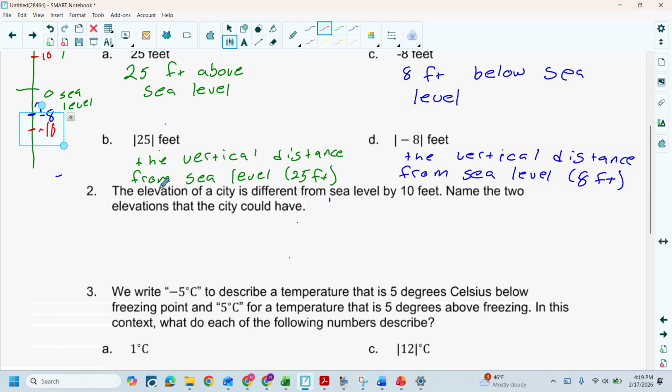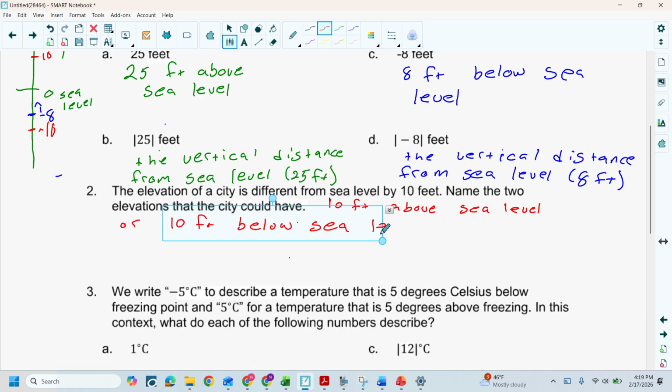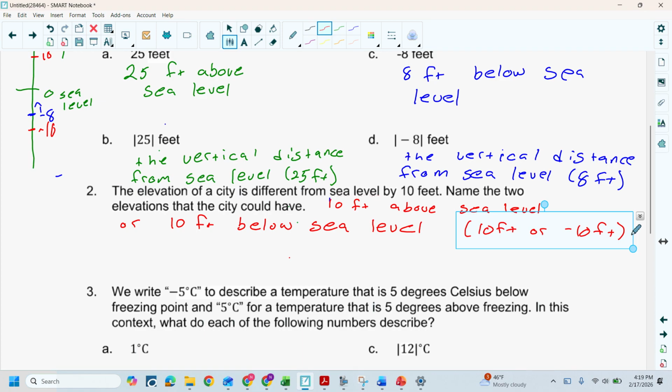And so the elevations could be 10 feet above sea level or 10 feet below sea level. 10 feet or negative 10 feet. All right.